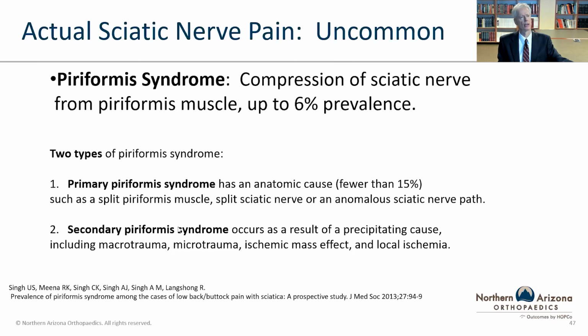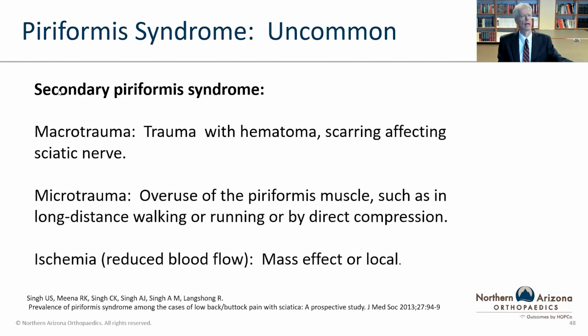Or it can be secondary piriformis from different trauma. This next slide describes that. Macro trauma: if you have blunt trauma, where you get hit hard in the buttock, a hematoma, a big blood pocket, could push on the sciatic nerve. Somebody could do an injection into the buttock muscle and hit the sciatic nerve and cause damage.